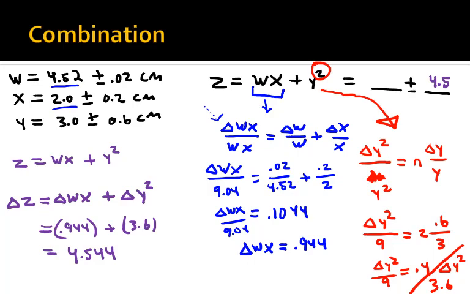We take W, which is 4.52, times X, which is 2, so 9.04, plus Y squared, which is 9, so 18.04, 2 sig figs is 18. So we have 18 plus or minus 4.5, and so that is our uncertainty for this value where we brought it all together here.